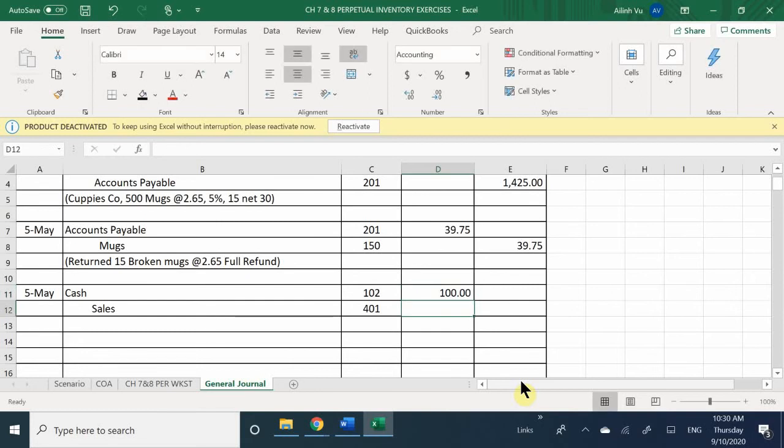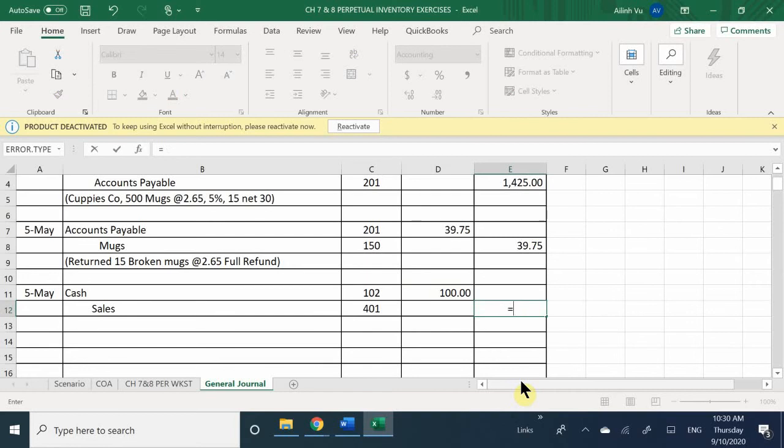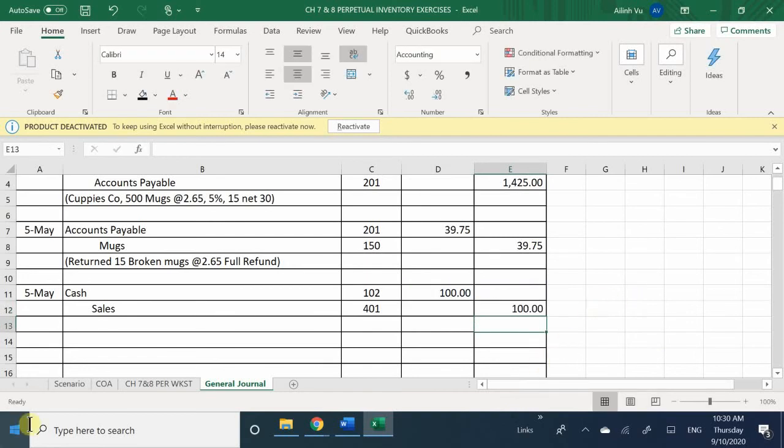It'd be $100. I'm just going to copy this from here. So it is $100. And then because we are dealing with perpetual inventory, we need to also update our inventory. So what type of account is cost of goods sold?